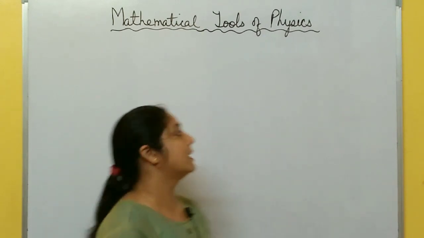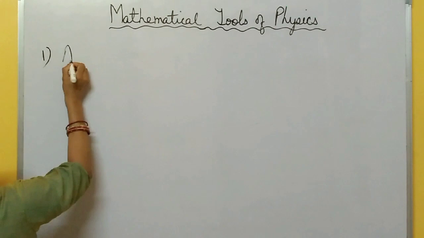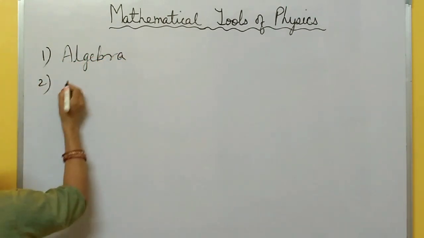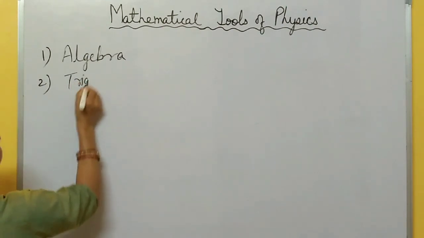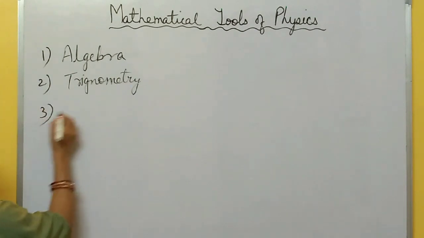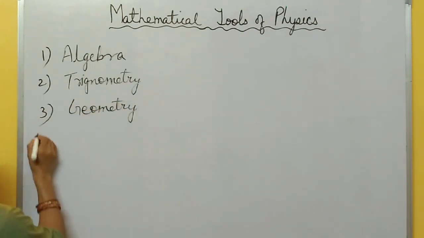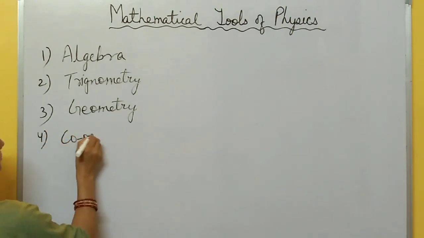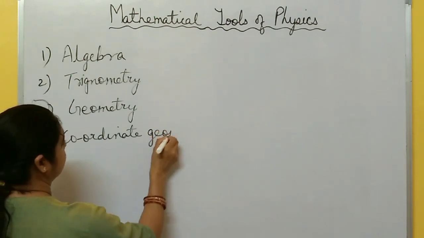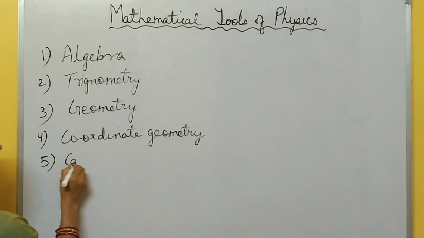Okay, so in class 11 you have to study number 1 algebra, number 2 trigonometry, then number 3 geometry, then number 4 coordinate geometry, after this number 5 calculus.